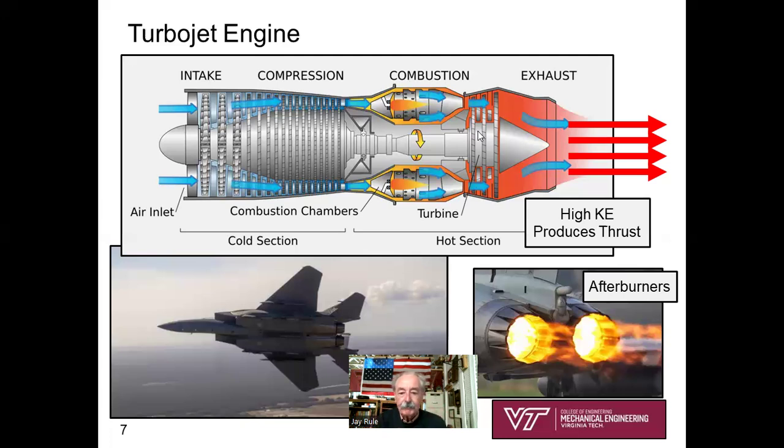A balance of output power versus power required to drive the compressor. And that's going to give you something left over. And that something left over is going to go into a nozzle. So do you see that this could be considered a nozzle? We'd be increasing the kinetic energy of the exhaust gas, and that's what gives us the thrust to propel this aircraft through the air.